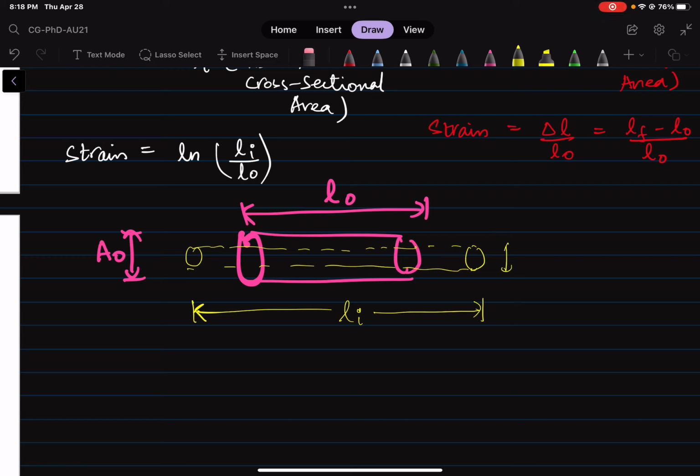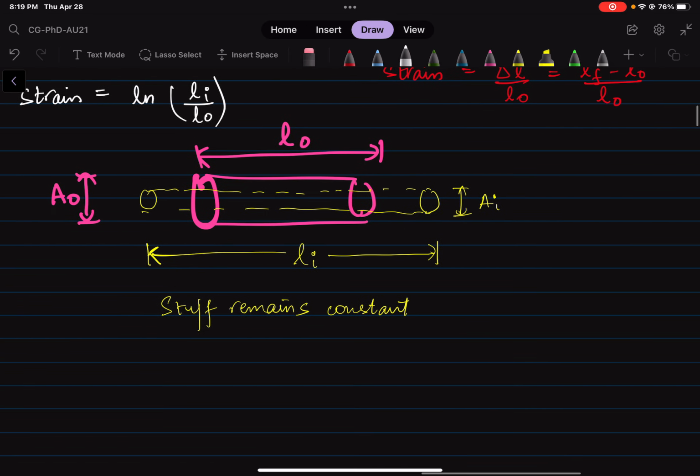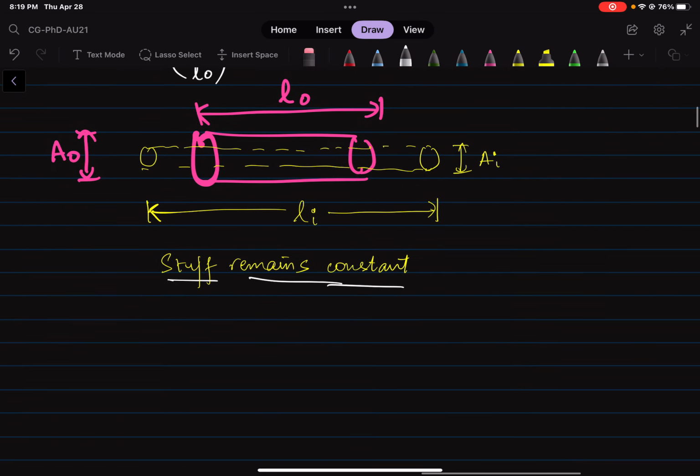And that is Li, or length instantaneous. And similarly, you could have a cross-sectional area Ai, instantaneous. Keep in mind the material or the stuff remains constant. So the total amount of stuff remains constant, which means that your total volume will remain constant.